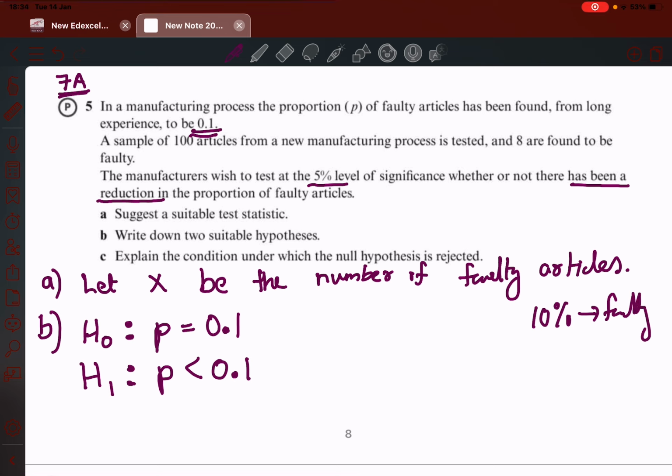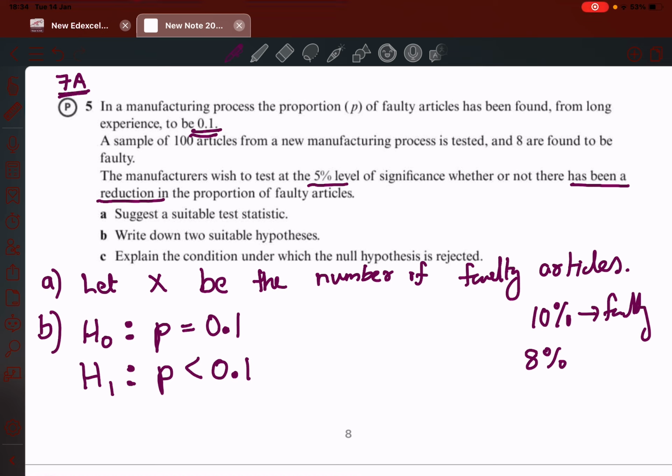Now the manufacturers want to check if the proportion has come down, whether it became 8% or it became 6%, we don't know. The claim that we are testing is whether it has come down to less than 10%.